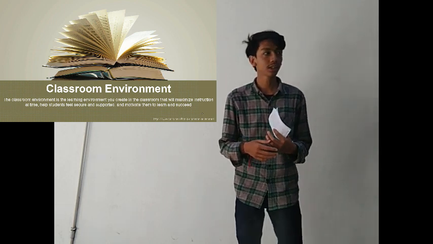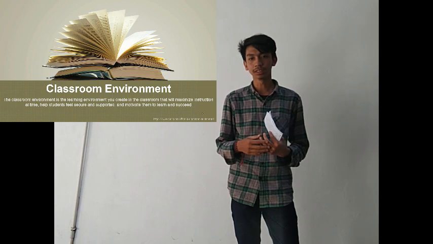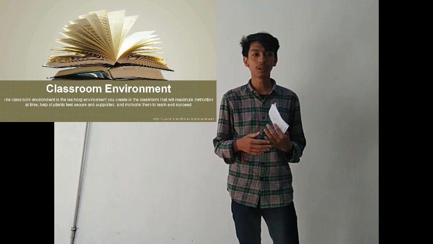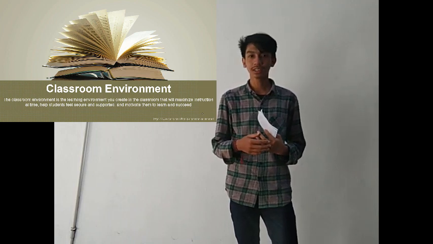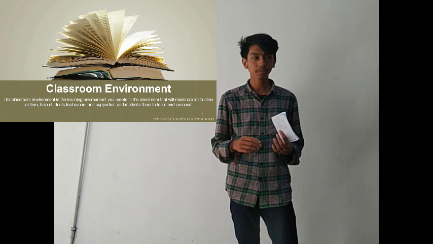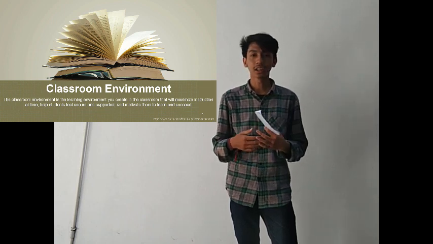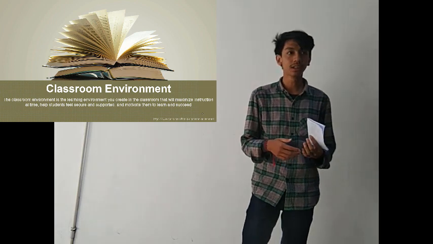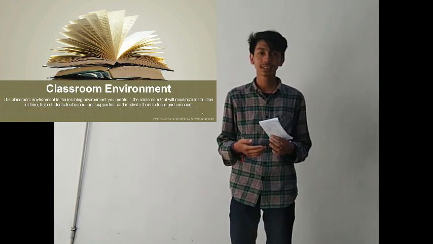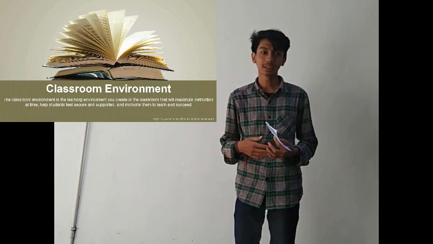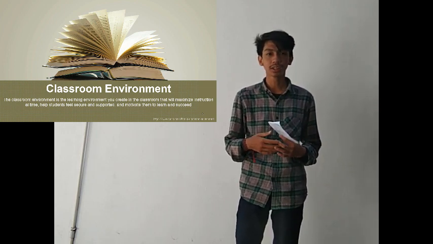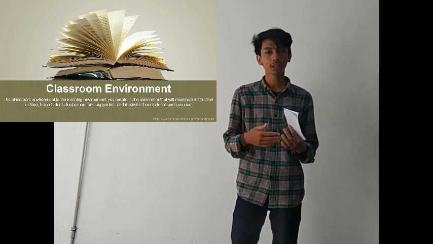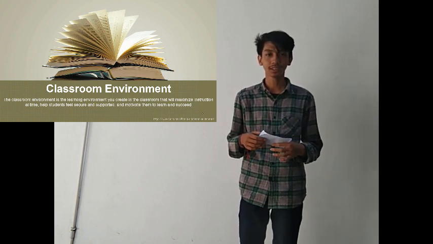This not only consists of place, but it also consists of the situation, weather, or psychological environment of the students. For example, if the class is facilitated with air conditioning, students will be happy to learn in the class because it will not be hot.